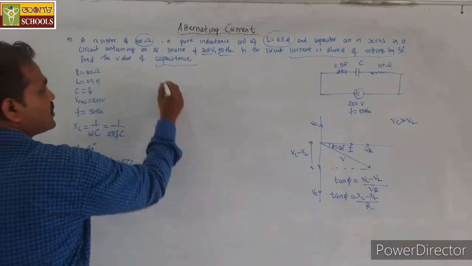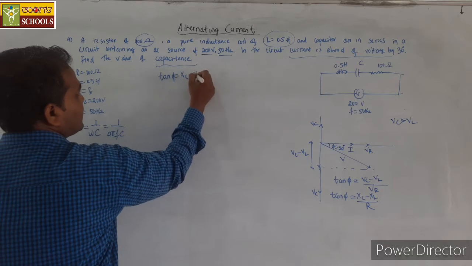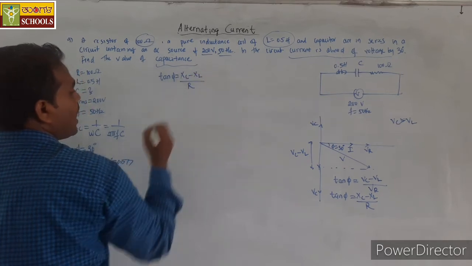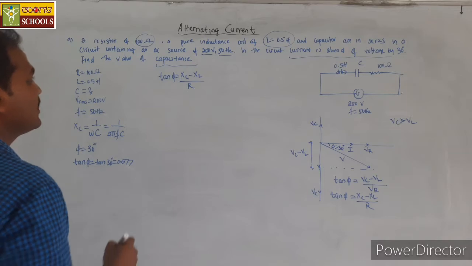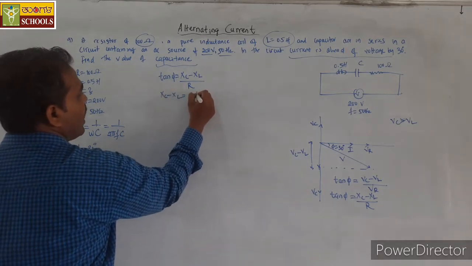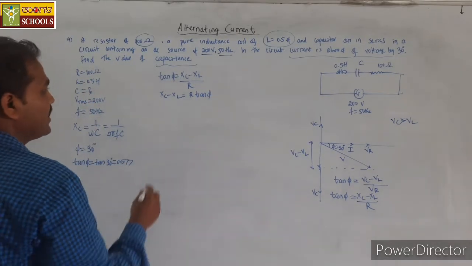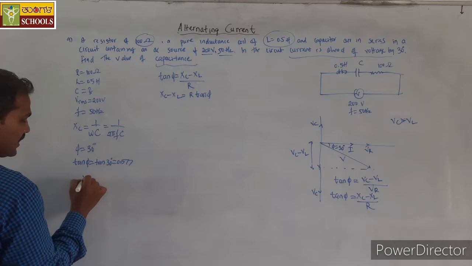Let me use the function tan phi is equal to XC minus XL divided by R. So XC minus XL is equal to R into tan phi. First we shall find the value of XL.